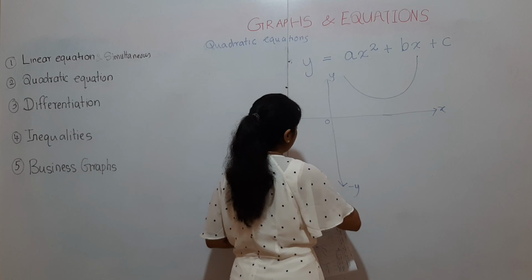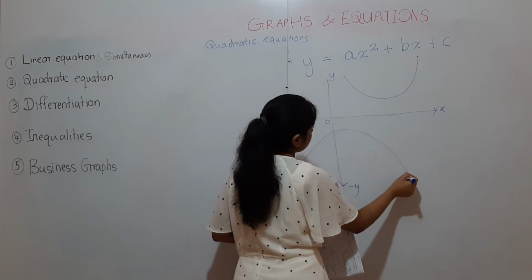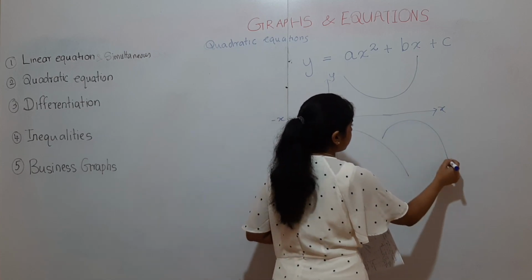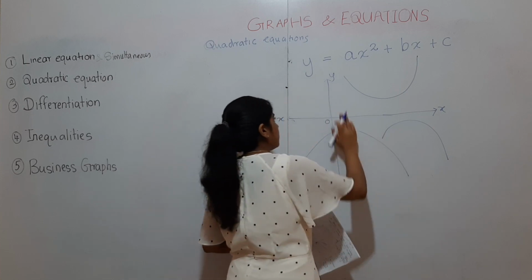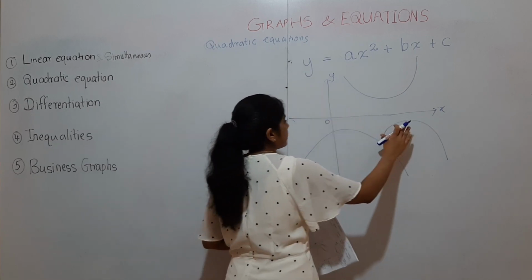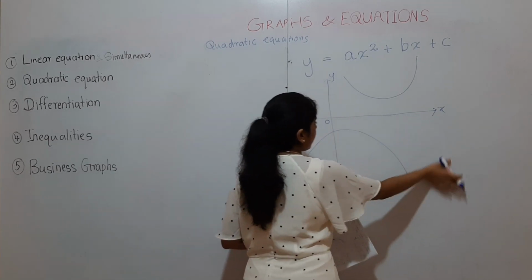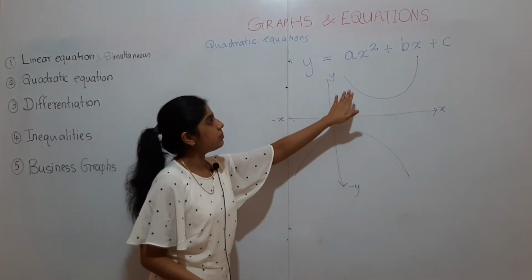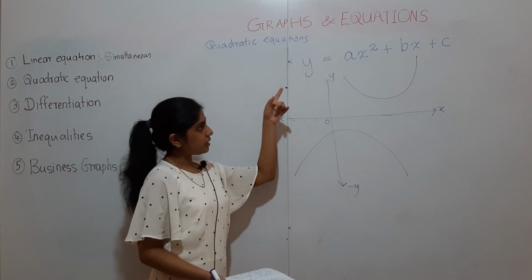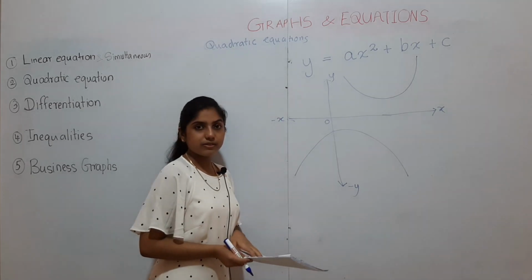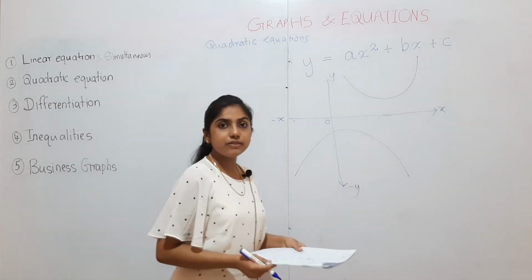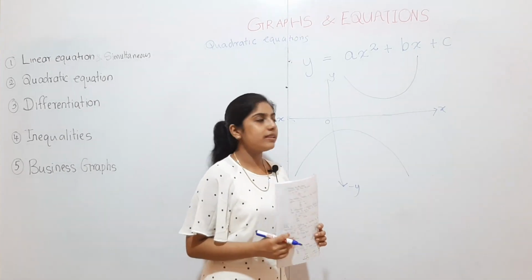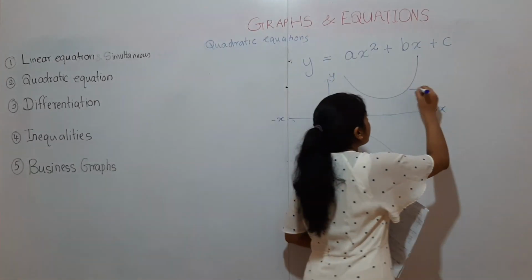Another type is it could go like this, or it can be like this here, or here, or here. This can come here. Whatever can happen. But this is the maximum type of curves applicable for such equations. And these curves have a name. That name is called parabolas.